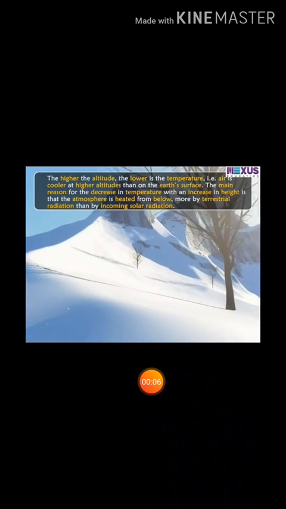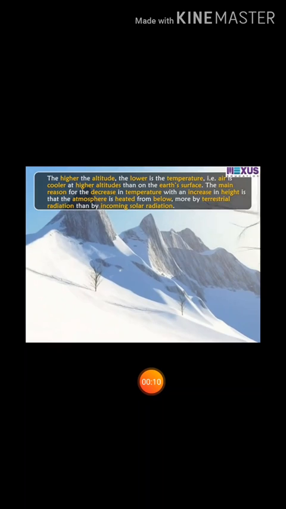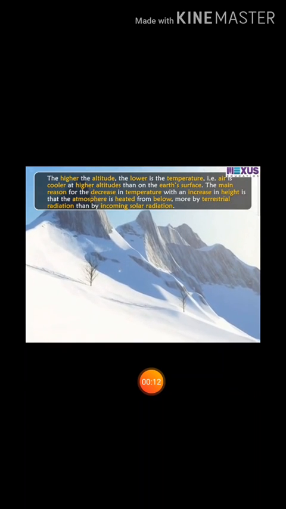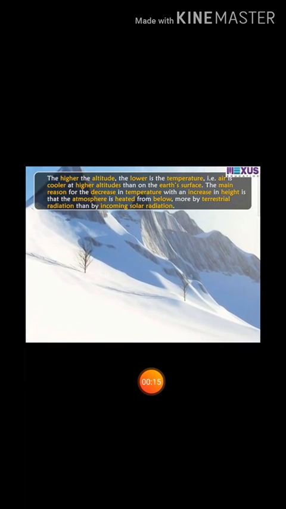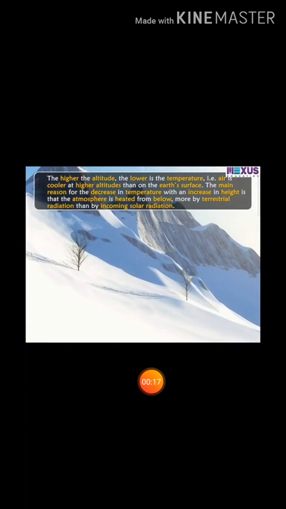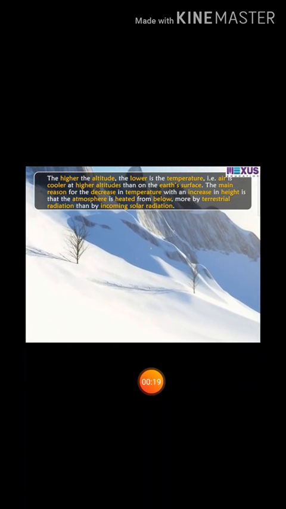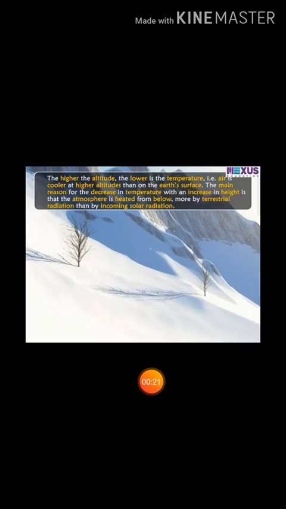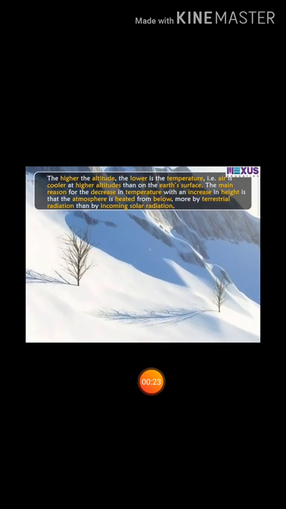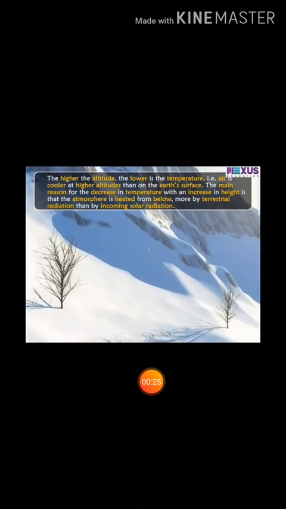The higher the altitude, the lower is the temperature. That is, the air is cooler at the higher altitude than on the earth's surface. The main reason for the decrease in temperature with an increase in height is that the atmosphere is heated from below.